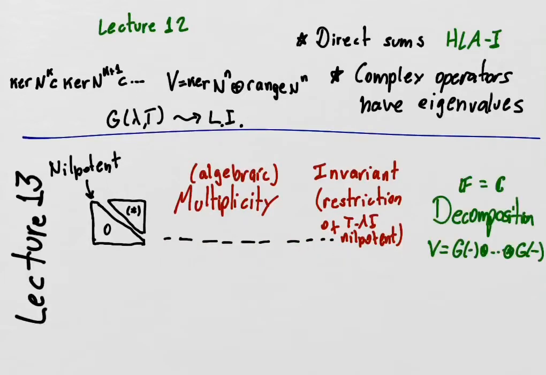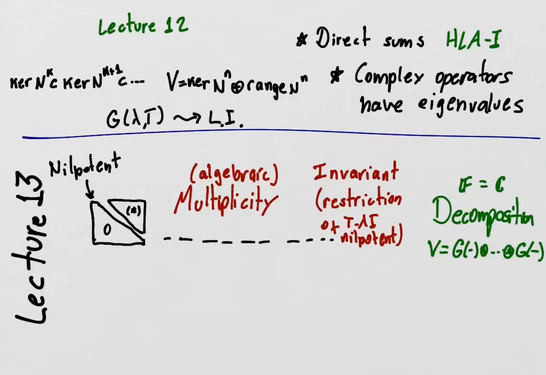And we finally saw this decomposition, which works only when the field is the field of complex numbers, which says these subspaces, the generalized eigenspaces, completely decompose our vector space.